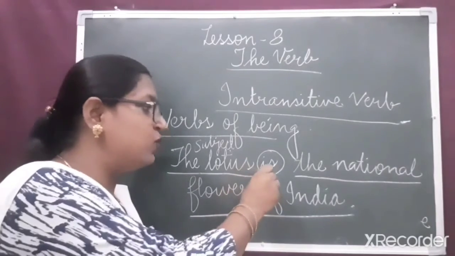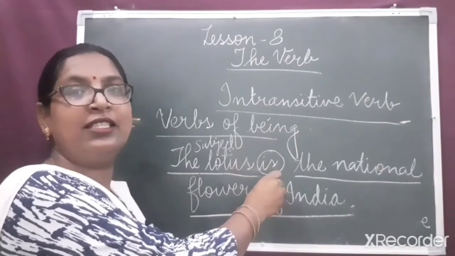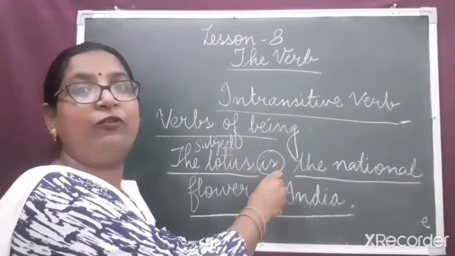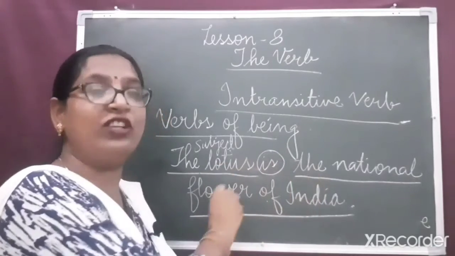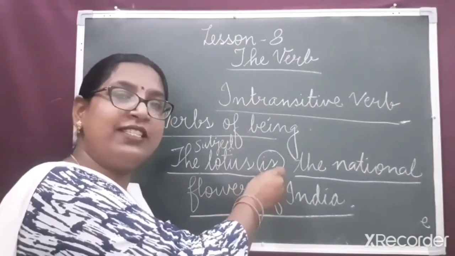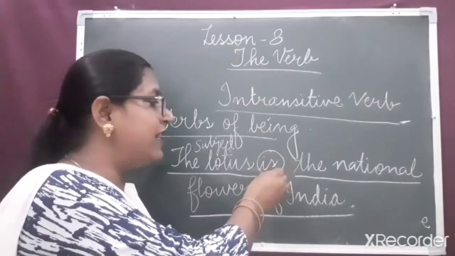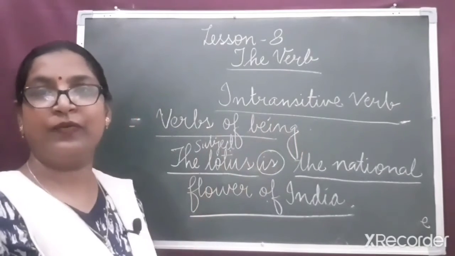So as this verb is not having an object, this is intransitive verb. And as this verb is linking the subject and rest of the sentence, also it expresses the state of being. It is the verb of being.